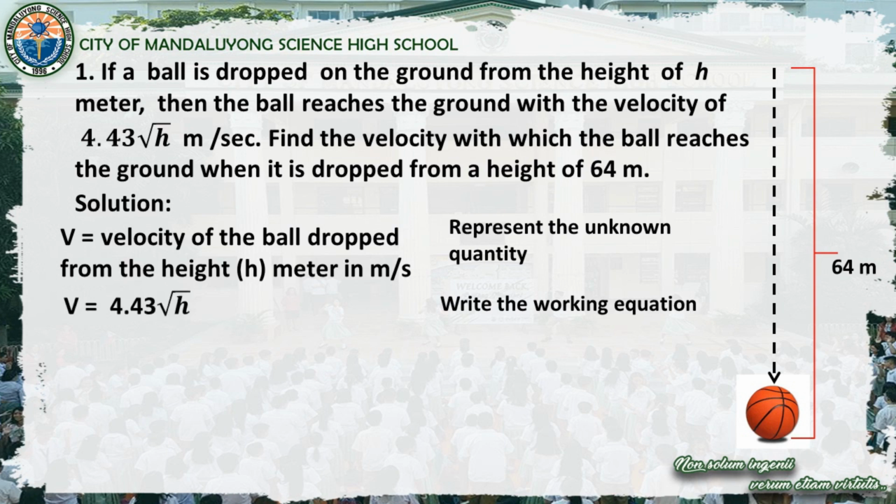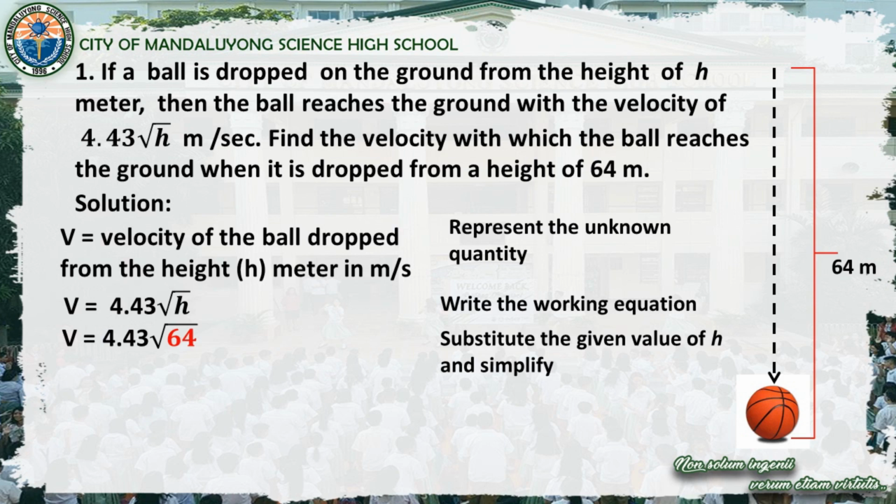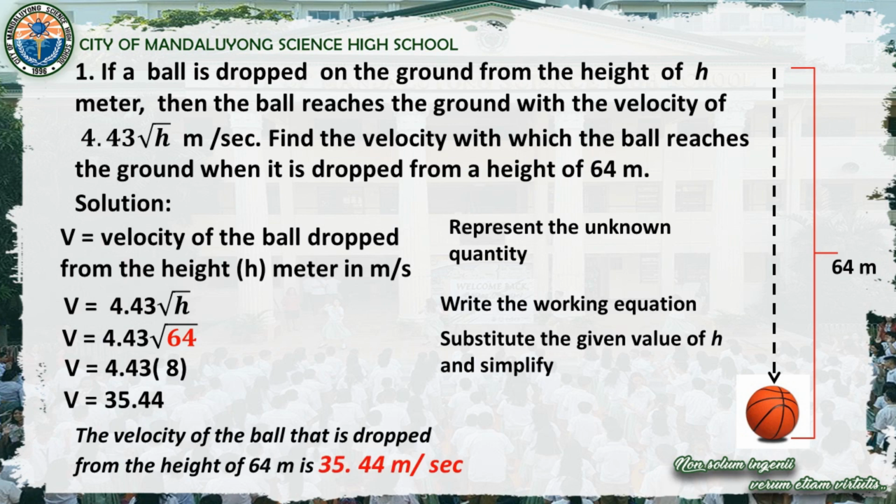So it is V is equal to 4.43 times the square root of h, and all we have to do in this next step is to just simply substitute h with 64. Extracting the square root of 64, we obtain 8, and multiplying 8 by 4.43, therefore V, our velocity, is equal to 35.44.